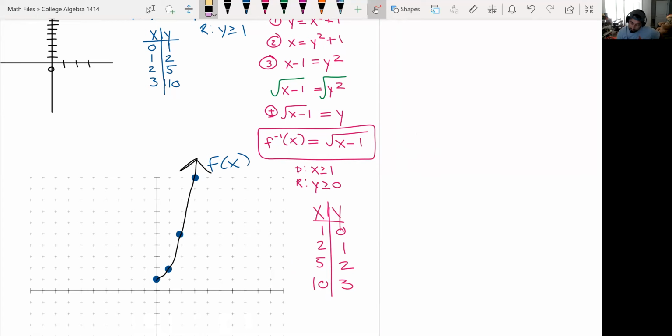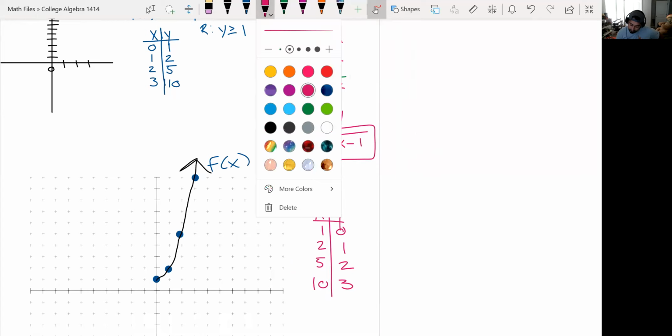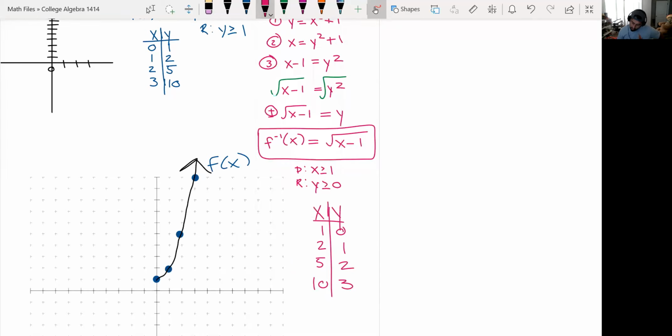Okay. Now let's plot 1, 0, right there, 2, 1, right there, 5, 2, 1, 2, 3, 4, 5, and 10, 3. And there's f inverse of x, and then I'm going to draw my line y equals x.